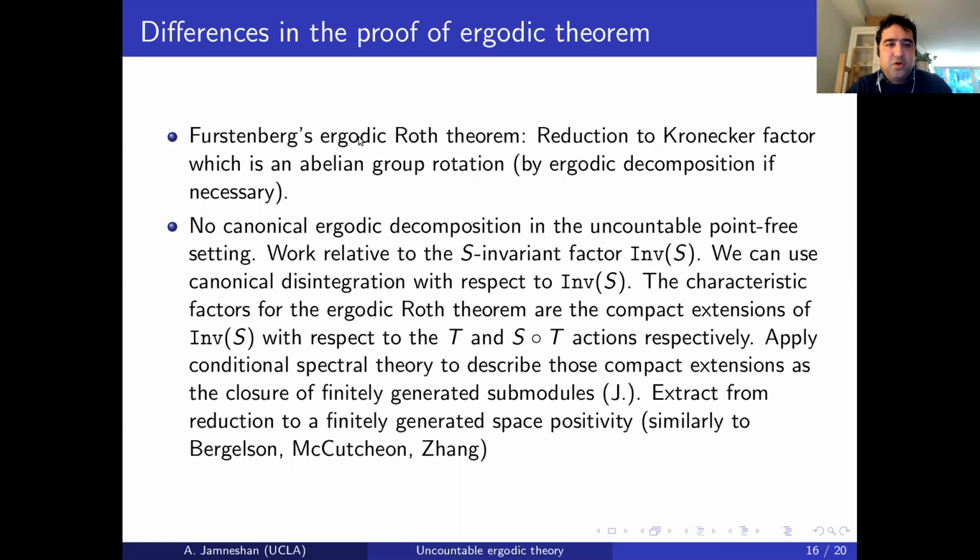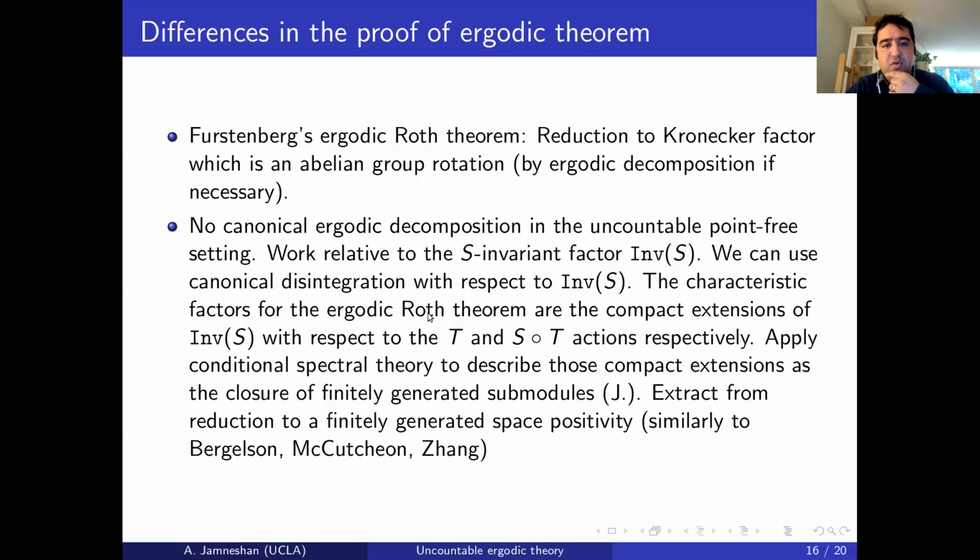The systems we started with are not necessarily ergodic, but in the context of Furstenberg's theorem, that's not so much of a problem, because for standard Borel spaces, one can do ergodic decompositions. And so without loss of generality, one could reduce to the case of an ergodic system. Unfortunately, in the uncountable setting, there is no ergodic decomposition available.